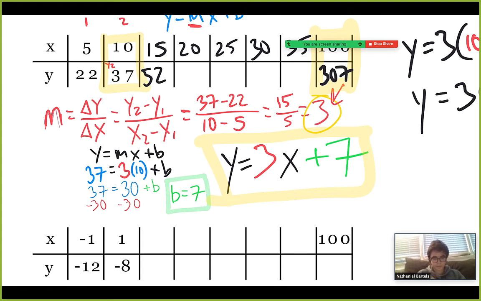Plus 7 is 67. Amazing. 25 times 3 is 75, plus 7 is 82. I'm starting to see a pattern here. All right. Let's keep it moving. What's 30 times 3?